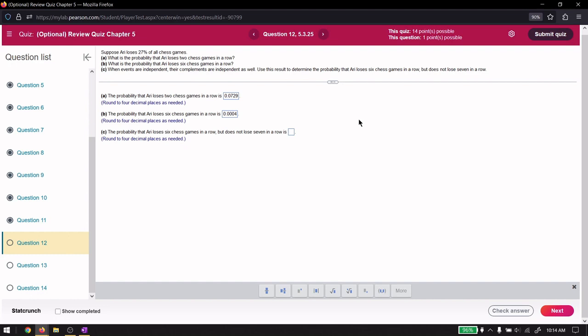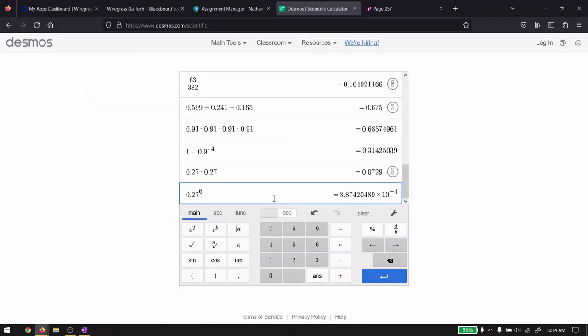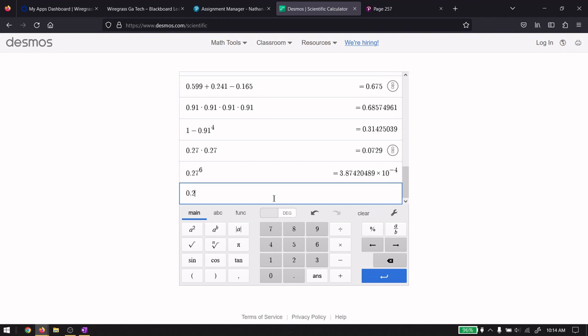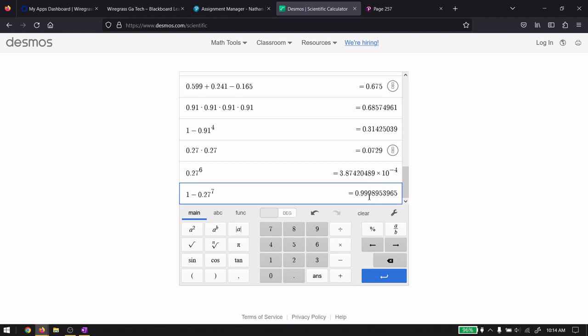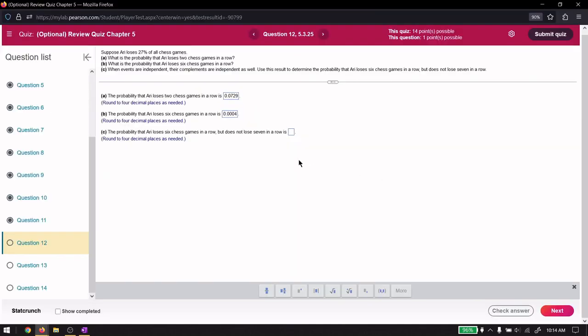So let's just do that. We know that losing 7 games in a row is the same thing as this to the 7th power. And all we have to do to find the complement is do 1 minus this. And there we go. We have 0.9998. It says 4 places, so that would be 0.9999.